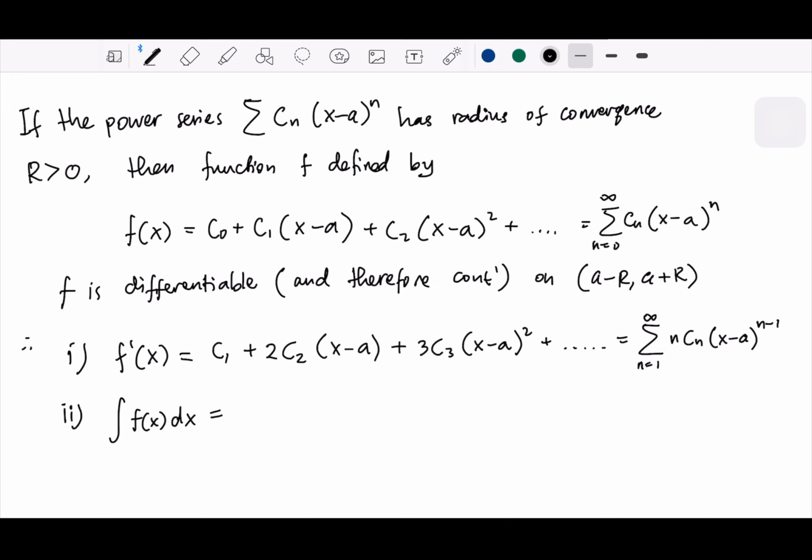Okay, so let me write another constant, just capital C. And then plus C0, we will add x minus a, and then plus C1, x minus a, we increase the power and divide by 2. And this is also increasing the power, becoming cubed.